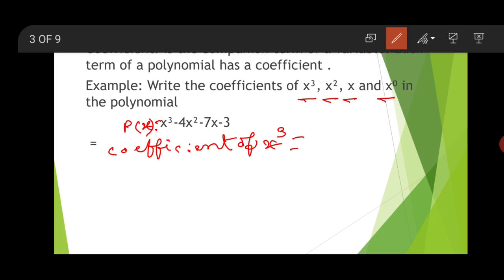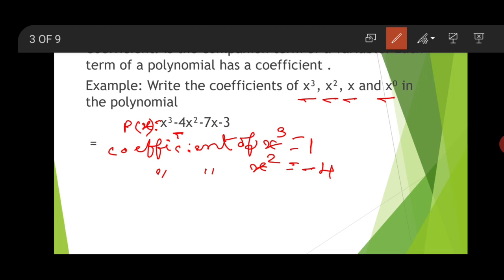See, x cube's coefficient means the constant multiplied with it. It is nothing here, means it is 1. So the coefficient is 1. Again, what is the coefficient of x square? It is multiplied with which constant? Yes, it is minus 4, right?